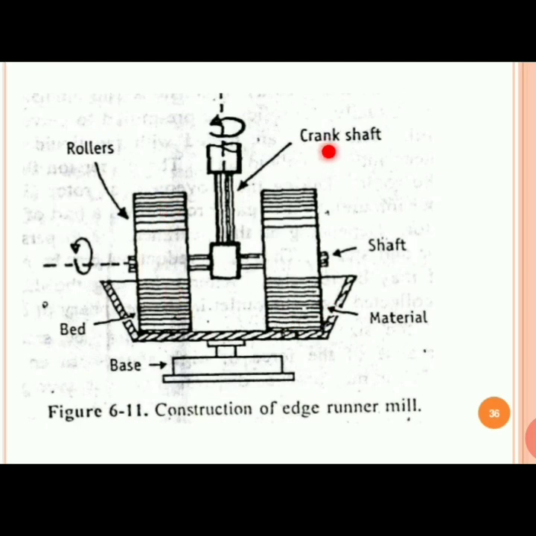These 2 stone rollers are attached to this middle shaft, and this crank shaft is attached here, which moves on its longitudinal axis. One scraper is provided here at the side of these rollers, which removes material that is stuck on the casing.